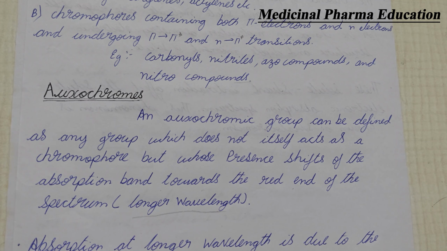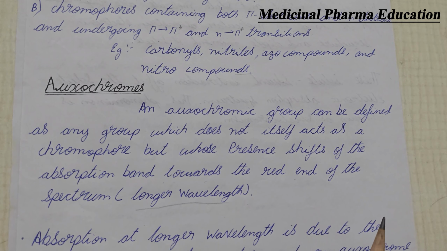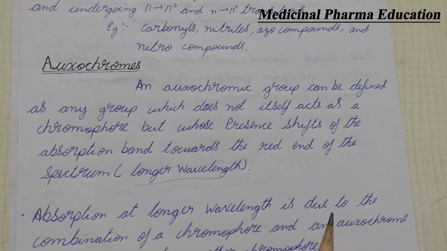Already I said the red shift is nothing but longer wavelength. The auxochrome's presence does not directly act as the chromophore, but shifts the absorption band towards the red end of the spectrum.